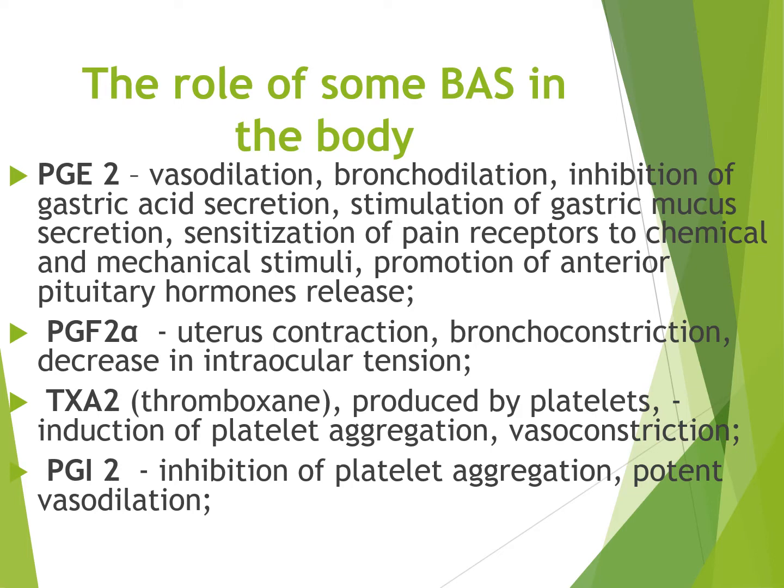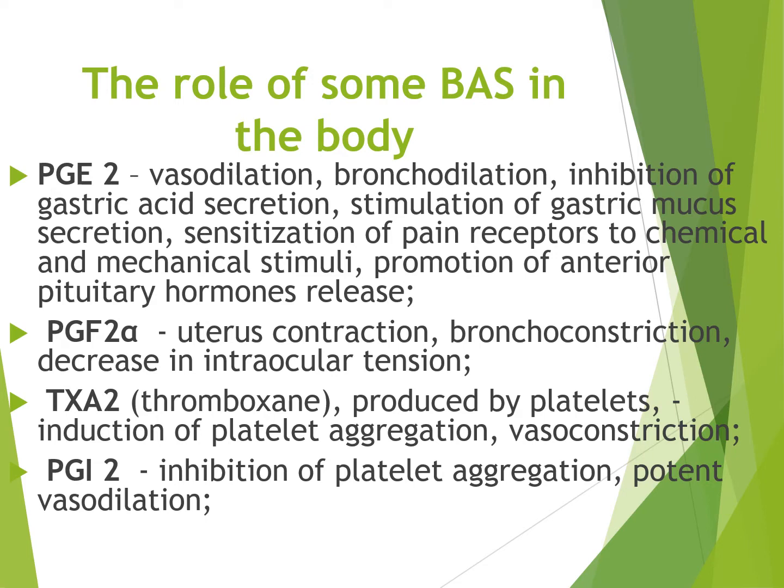Prostaglandin F2 alpha causes uterus contraction, bronchoconstriction, and decrease in intraocular tension. Thromboxane A2 is produced by platelets.